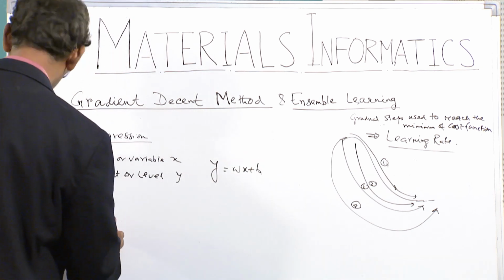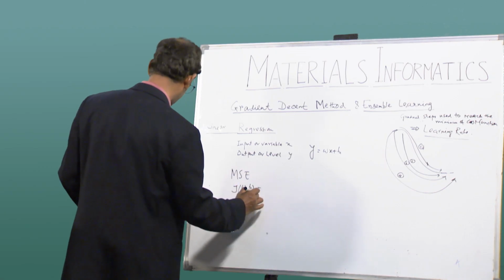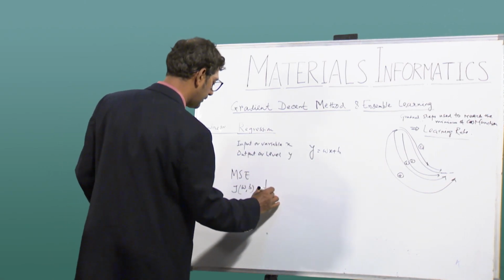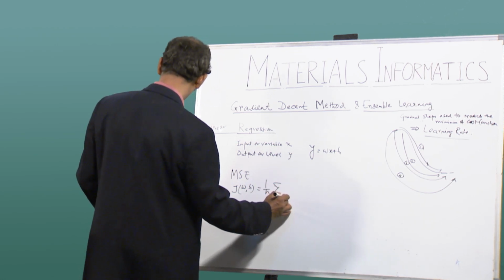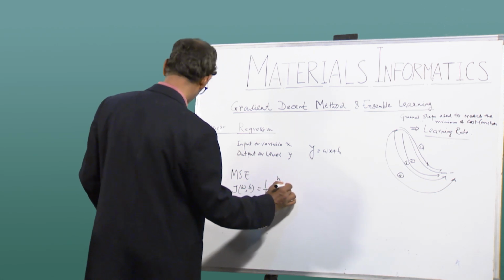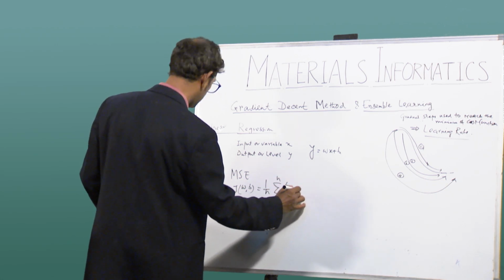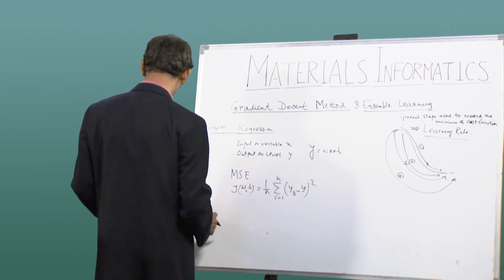So, the mean square error, which will be a function of w and b, is equal to 1 by n, the sum over i going from 1 to n, of yp minus ya whole square. That is what the mean square error is.